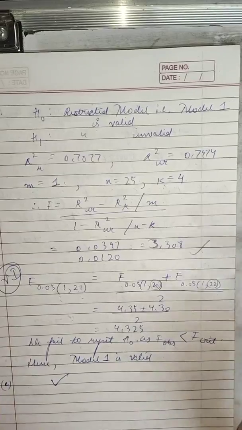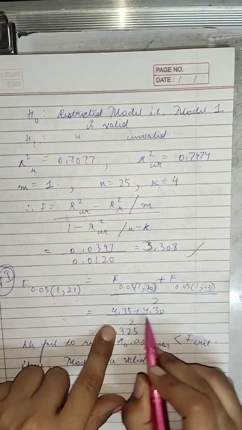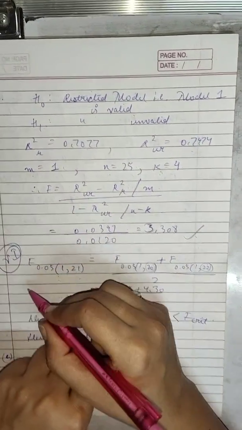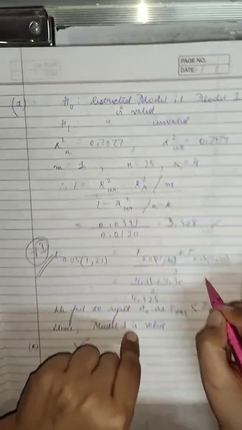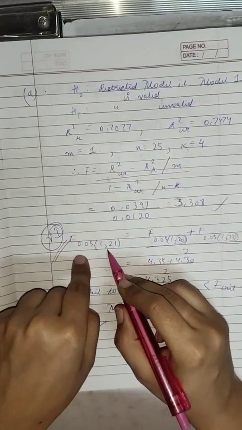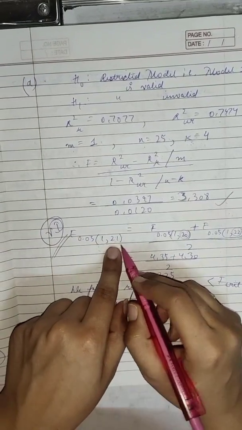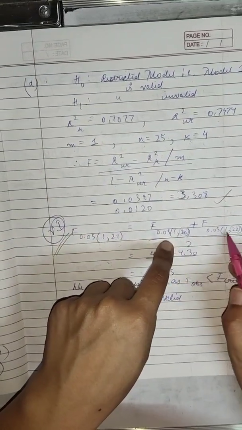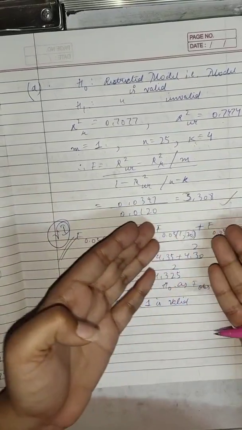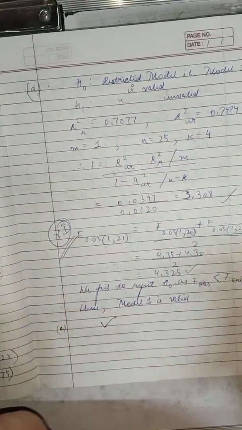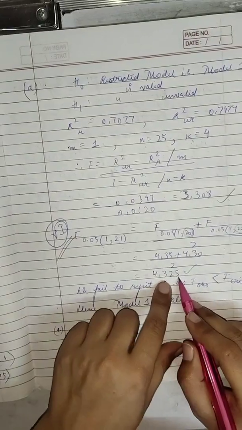So what you do is take an average of both. This is a very important step. So you can look at the F tables and see that there is no value for 1 and 21, 1 in numerator, 21 in denominator. But you do have values for 20 and 22. So I have taken their sum and divided by 2. I'll have 4.325.